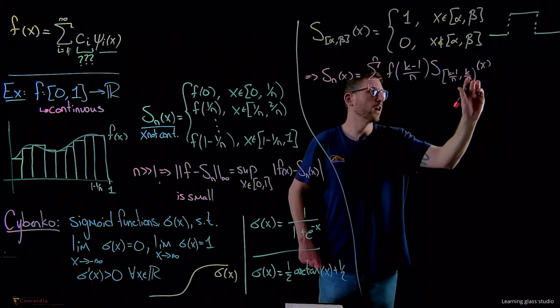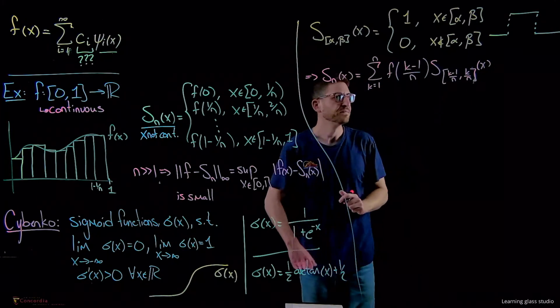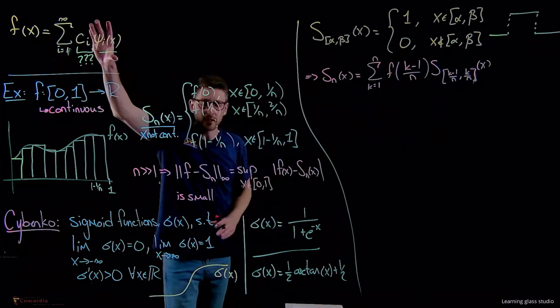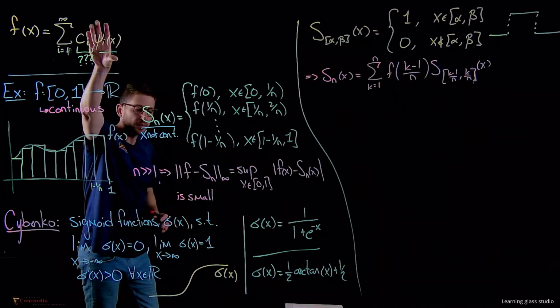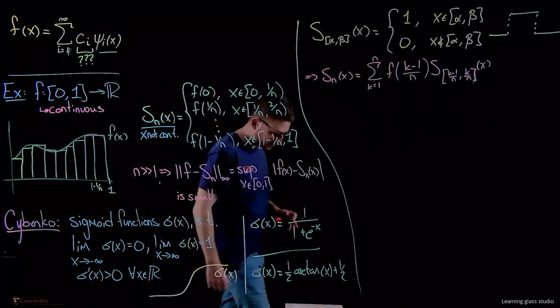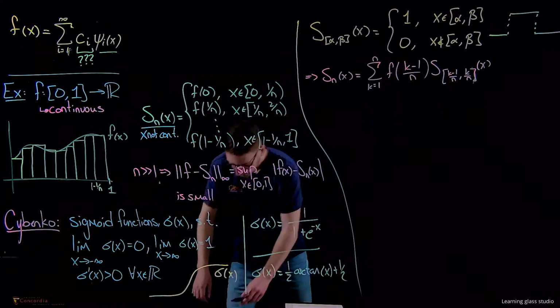You can close this off. It doesn't matter because of the jump. But now this is looking a lot more like my basis expansion that I had up here, right? It's feeling a little bit more like classical mathematics.